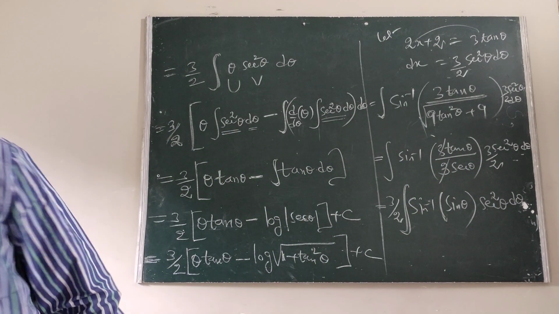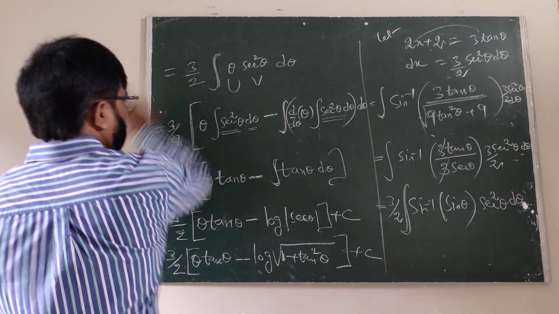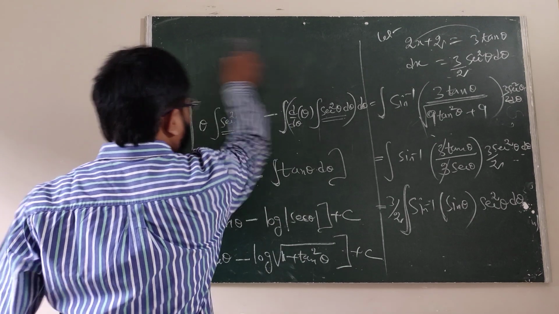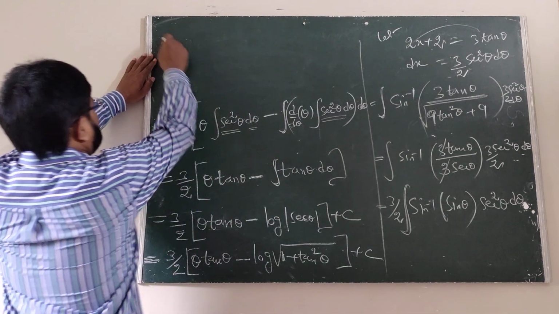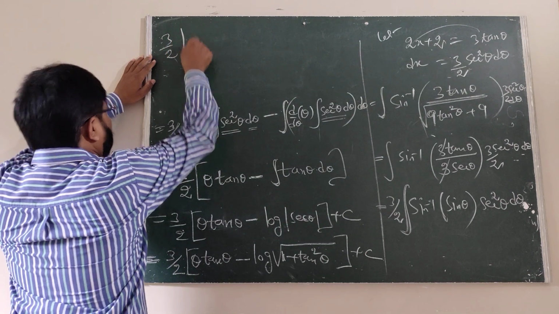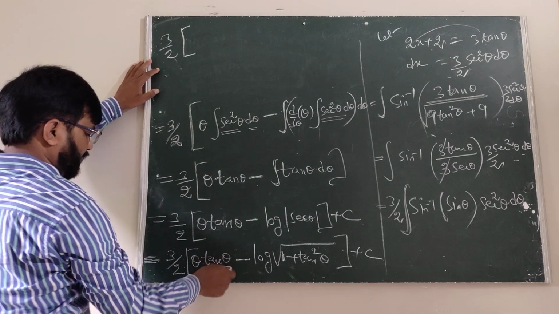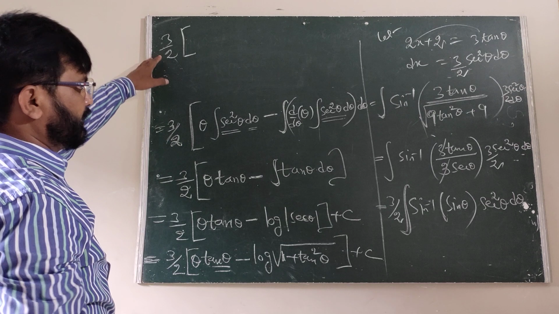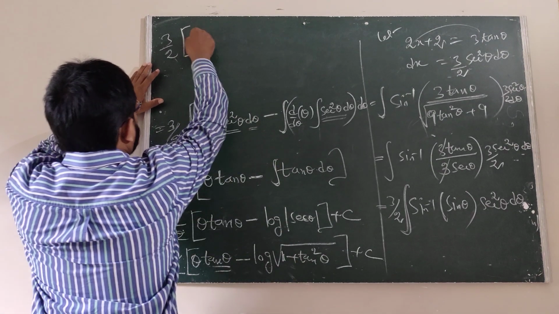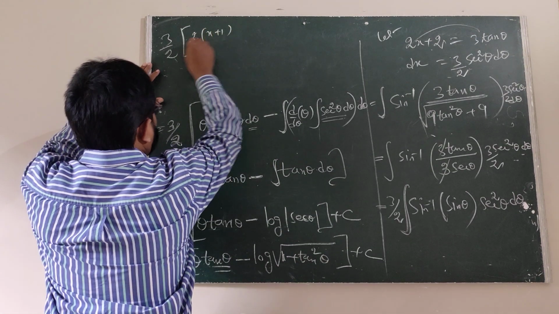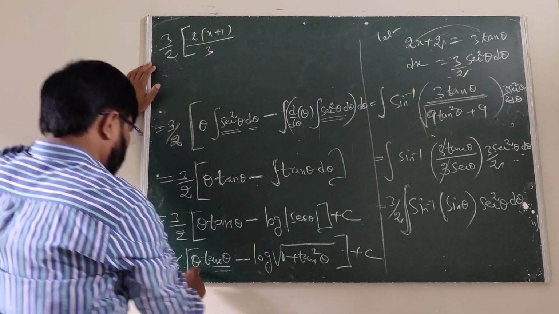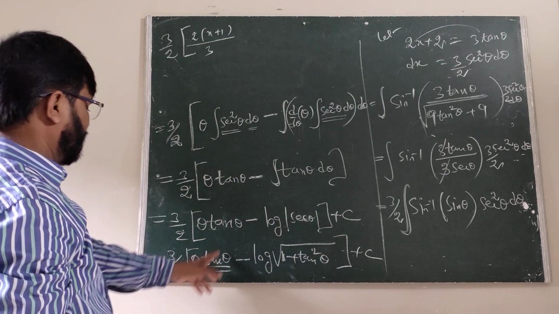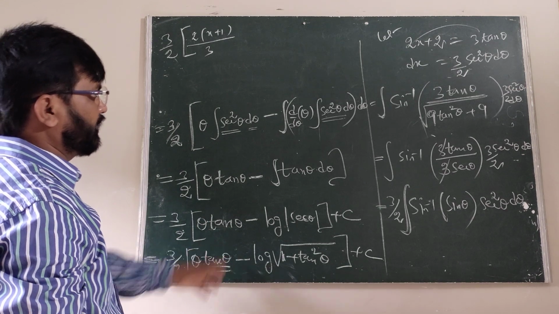Now how to write this one? This is 3 by 2 into tan theta, where 2 is the common factor: 2 into x plus 1 by 3, that is tan theta.